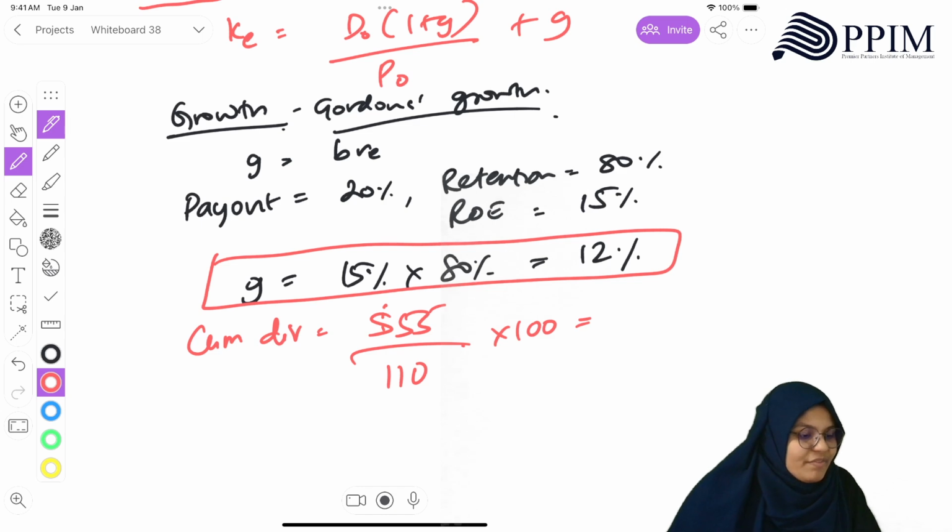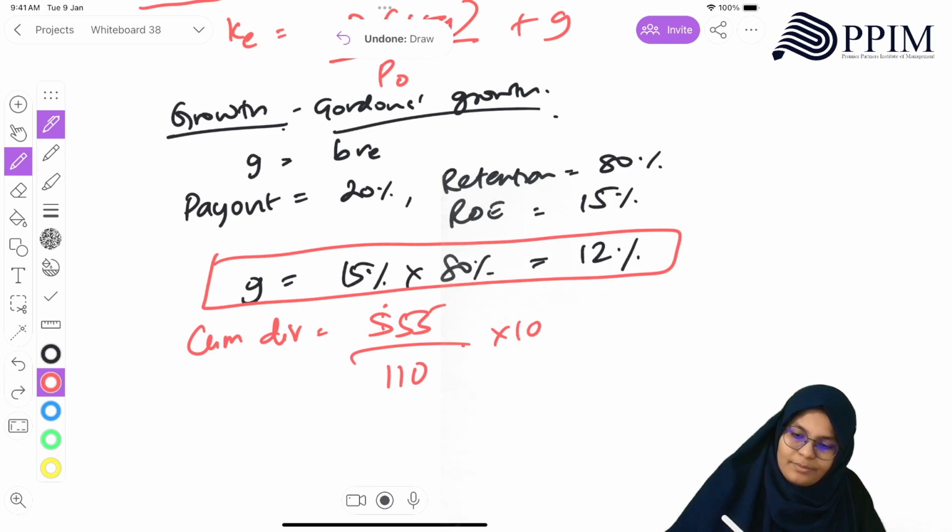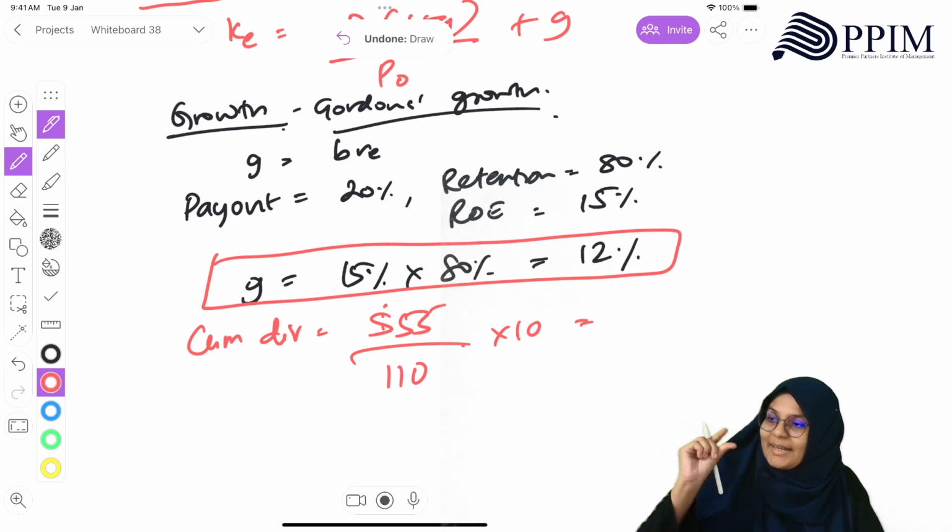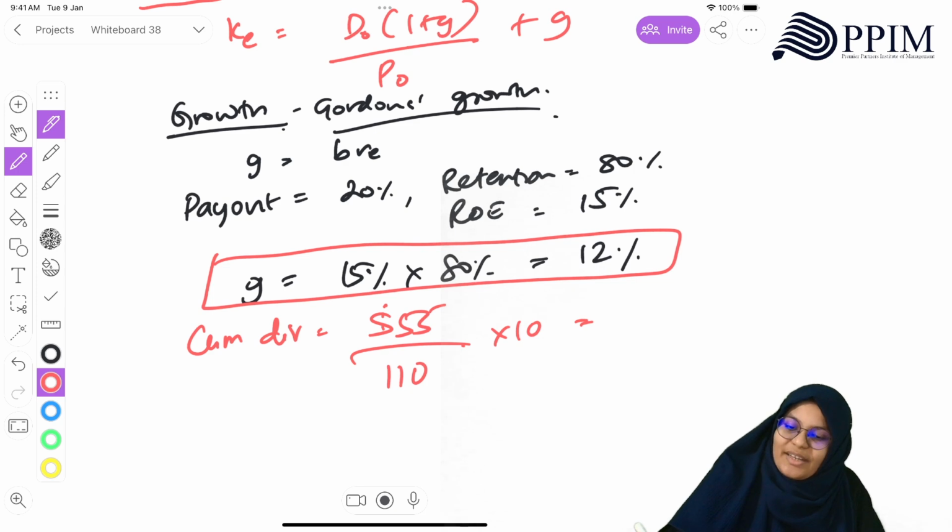Okay, so 55 divided by 110, into 10. I just want to know what is that 10%, the dividend portion. So the dividend portion you can calculate, it's actually $5.